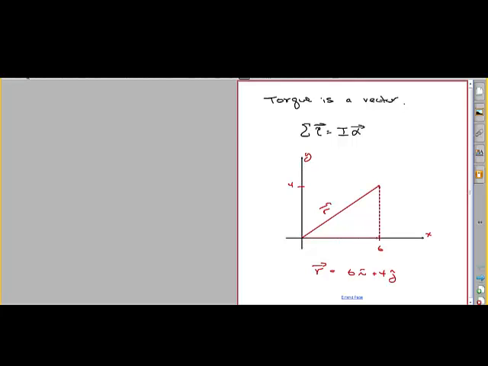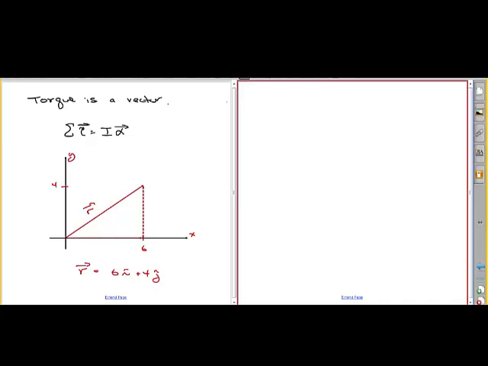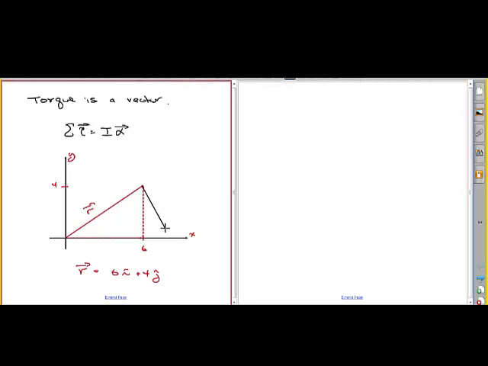Okay, now let's say we want to apply a force out here. The force is still a vector, but this is a space vector, so this is somewhat different. Let me point this a little bit like that. So this is my force vector, which has different scaling factors.